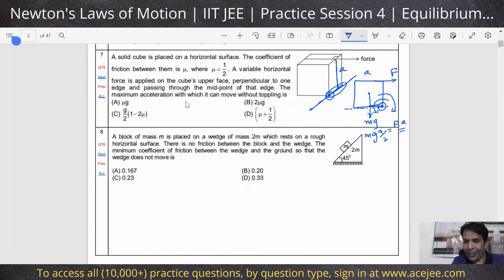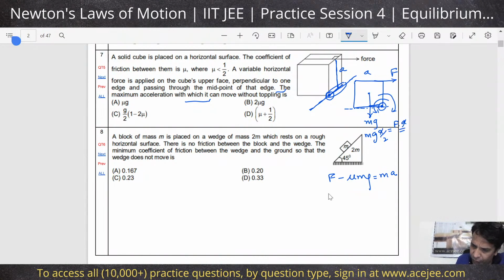Now they talk about the maximum acceleration. Well, if you write down your net forces in the horizontal direction, you have force F, and then you have mu mg, because you're after all sliding. So you have the kinetic friction, mu mg, which comes into play when you are sliding, right? So F minus mu mg is equal to ma.